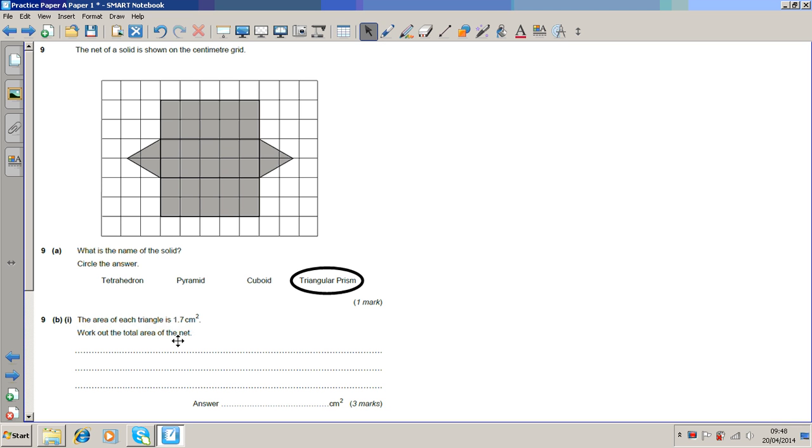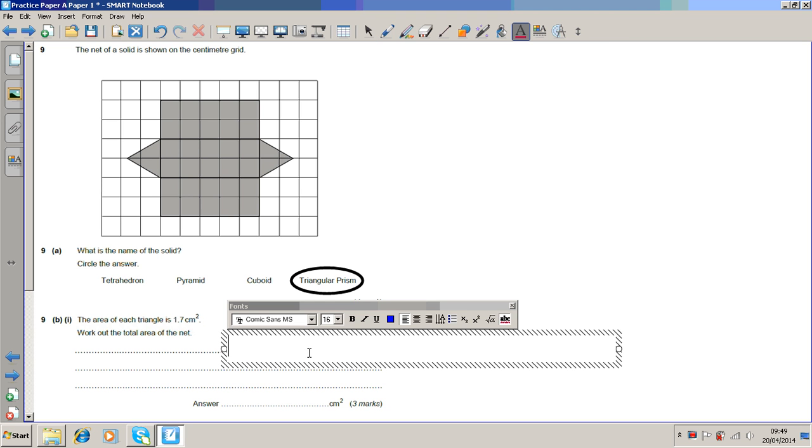The area of each triangle is 1.7 centimetres squared. Work out the total area of the net. Okay, well that's given us the area of the triangles, and we need to work out the area of the rectangles. That's how many squares are in them. So it's 1, 2, 3, 4, 5, 6, 7, 8, 9, 10, 15, 20, 25, 30.